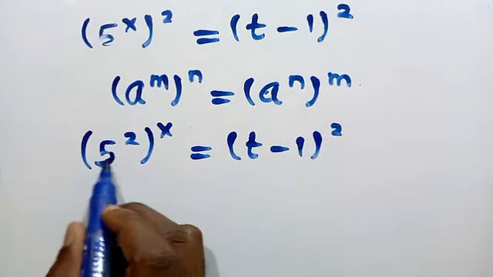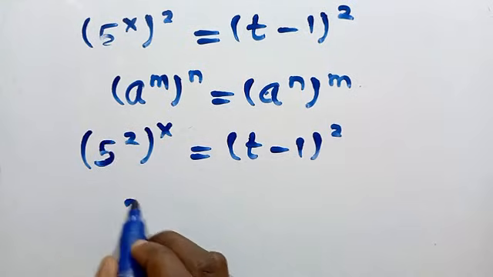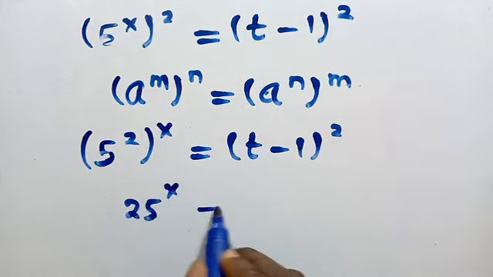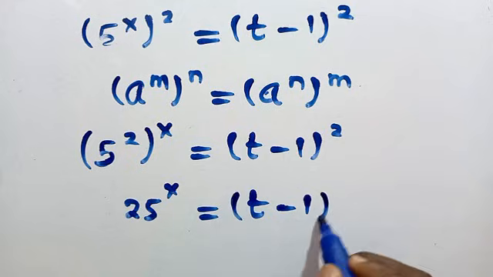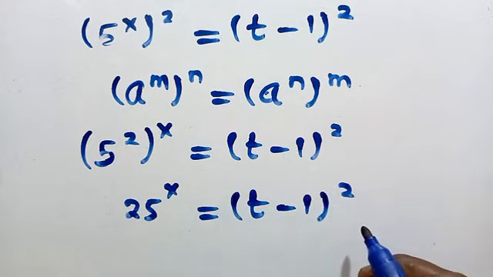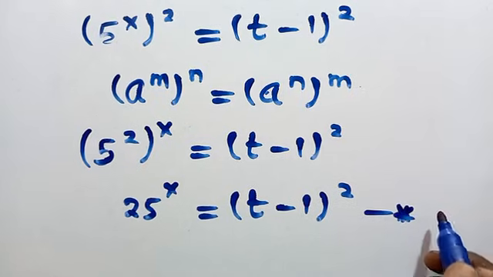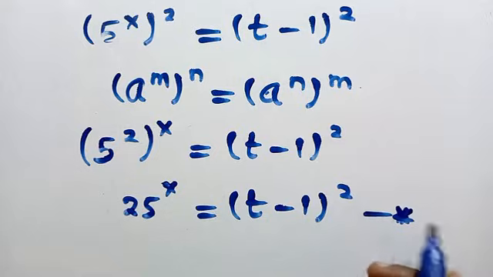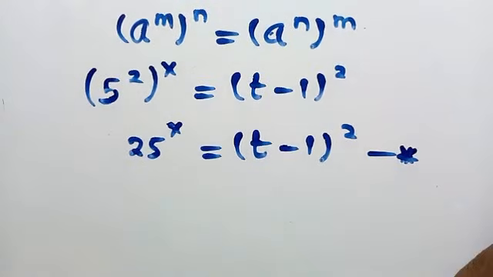And 5 to the power of 2 means 5 times 5, and 5 times 5 gives us 25. Then raised to power x equals (t - 1)^2. So here it comes. That is, the right hand side of that equation is now (t - 1)^2. Let's substitute back.